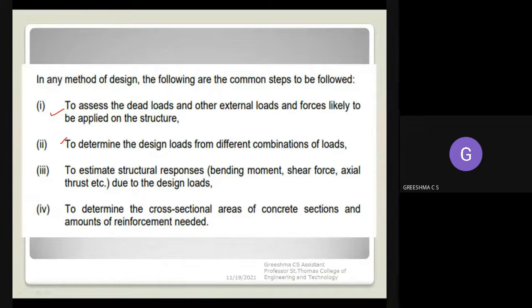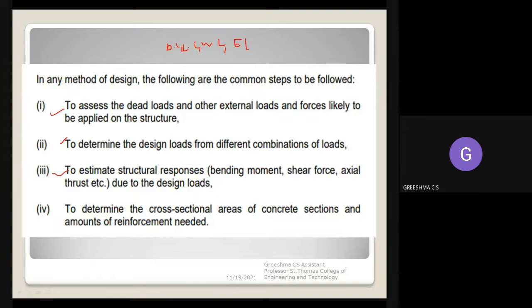There will be different combinations: dead load will be there, the live load will be there, then wind load will be there. Which combination you have to select, that's the second thing you have to see.